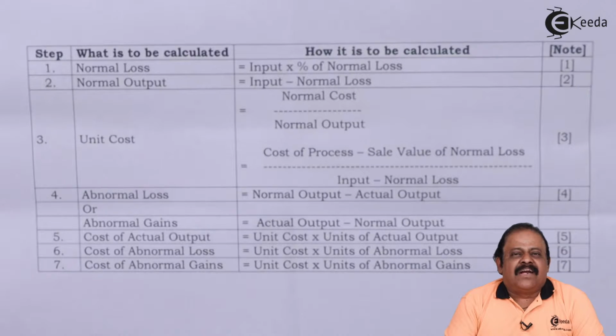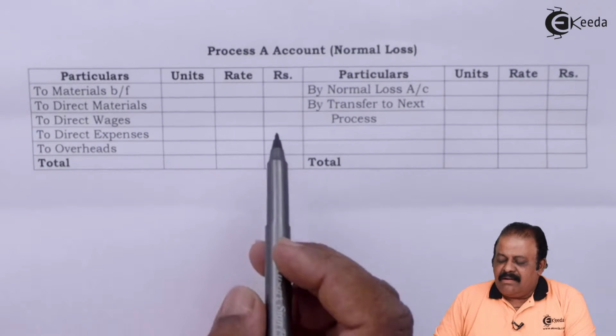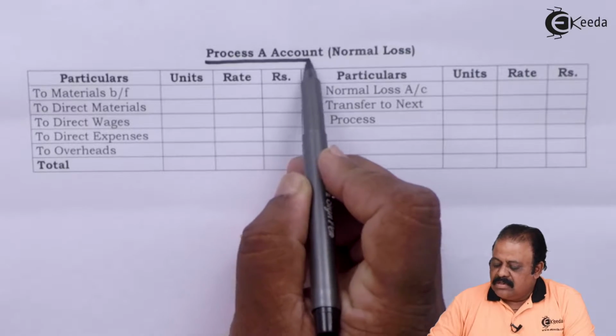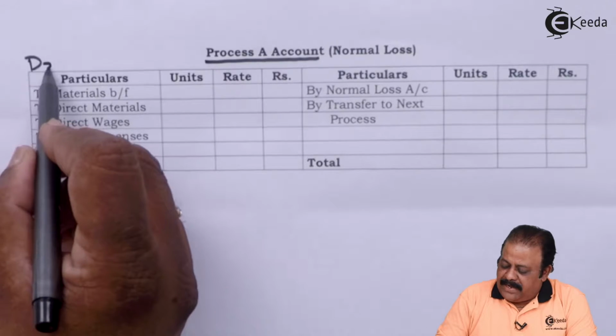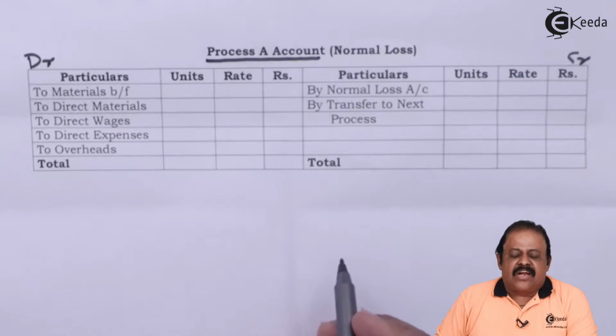These accounts are opened like a simple ledger account. Here on screen you can see that it is simply a ledger account called Process A account. Here it will have two sides, debit and credit, like for any ledger account.